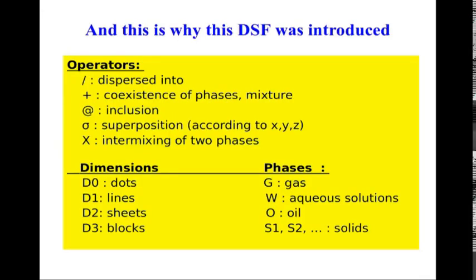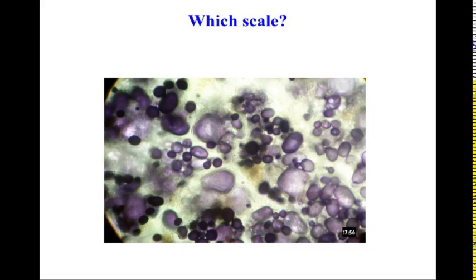So let's come back to this DSF, and let's apply it to various cases now. We need first a scale, and the scale will be the scale that you use for looking at the particular system. For example, here the scale would be microscopic.